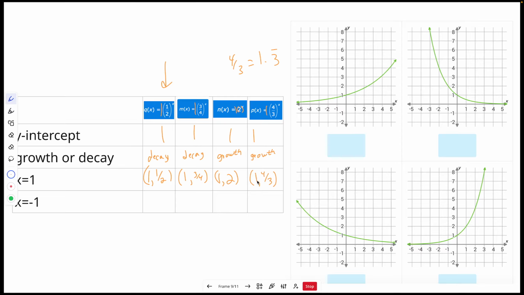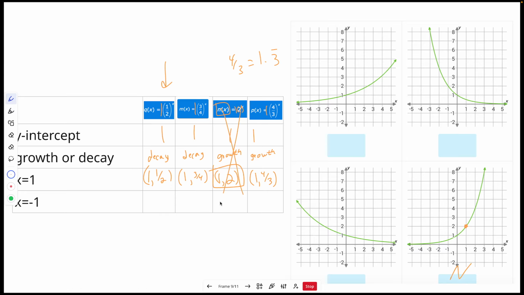All right, we're getting closer here because let's look at n. N is the only one that hits 1, 2, right? So on your graphs, which one hits 1, 2 exactly? Well, that would be right here. Okay, no other graph hits 1, 2 exactly. And so this is n, and we can cross that one out.